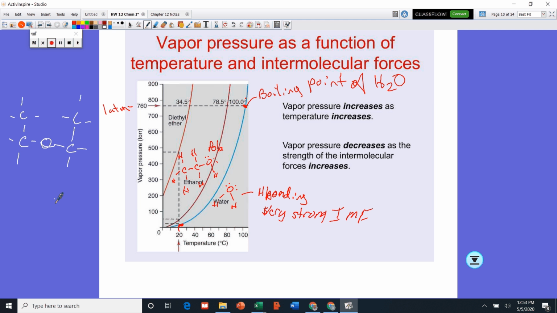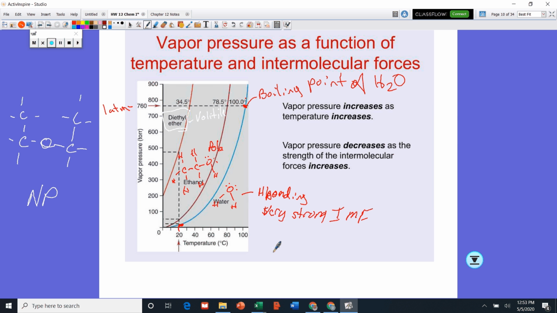So it's a very big molecule, but this molecule is nonpolar. Notice that the molecule's nonpolar, so it's much easier to get it to become a gas. In fact, it becomes a gas at 34.5. That's why we usually associate ethers with a strong odor. They are very volatile, meaning they're likely to become a gas.